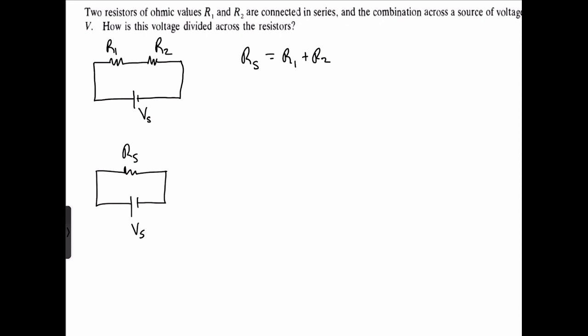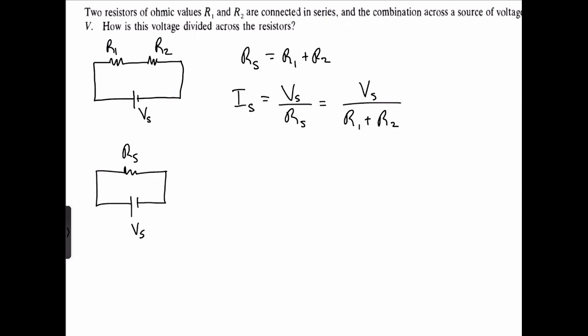We know that the current seen by each resistor is the same. So we can say that IS is equal to the voltage VS divided by the total resistance RS, which is equal to VS divided by R1 plus R2.